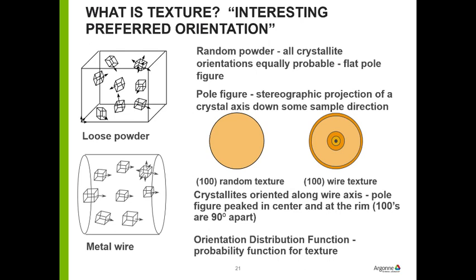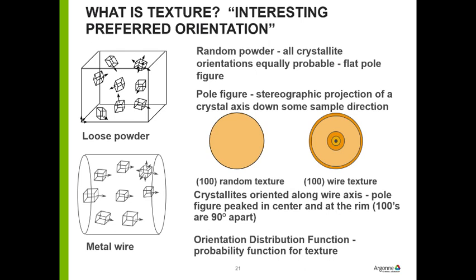It will be a multiple of the random orientation, such that this is a bigger number, and this is a bigger number, and then around here it's going to be less because fewer grains are oriented to give you scattering here. Okay? This kind of thing is described by something called an orientation distribution function.